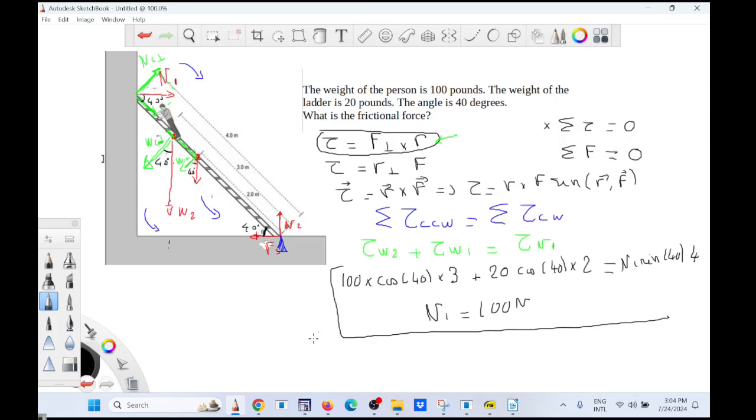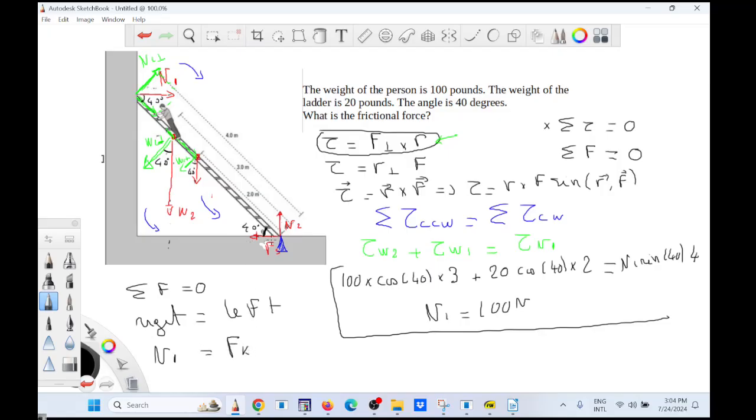So now I can use the sum of the forces equals 0. So that means whatever is pushing to the right equals whatever is pushing to the left. So you have N sub 1, that's the only force to the right. And Fs is the only force to the left.